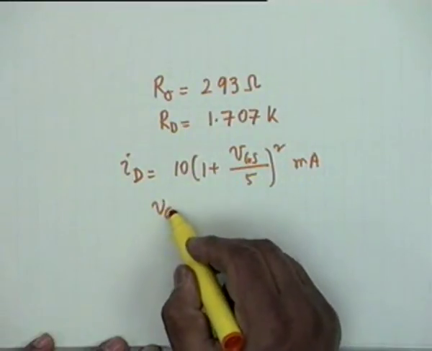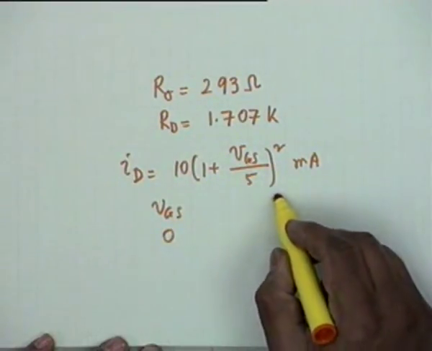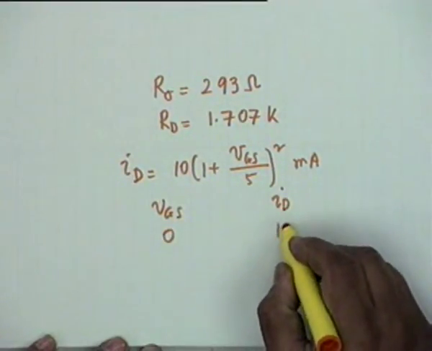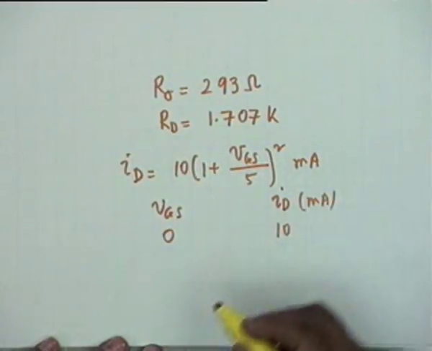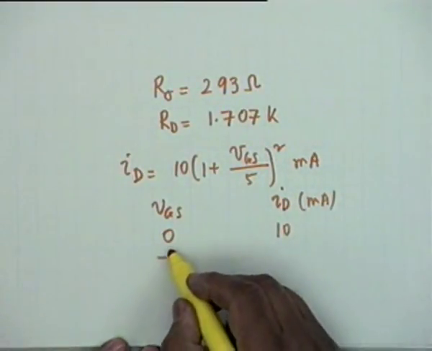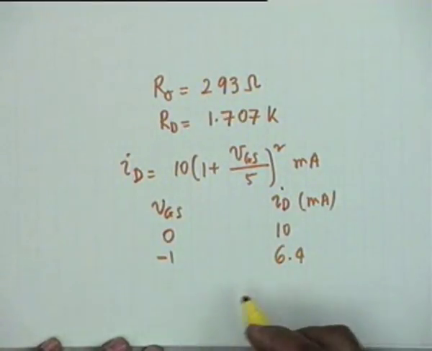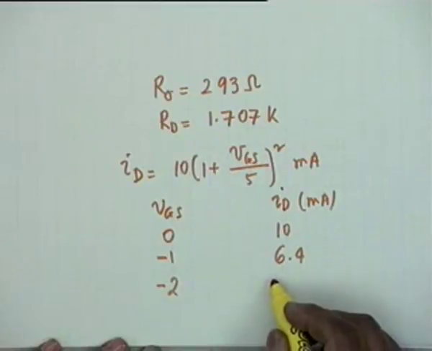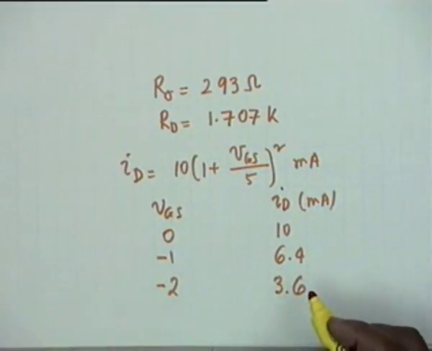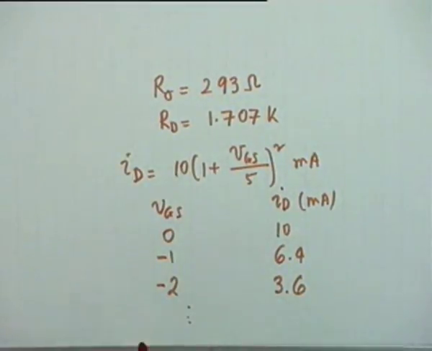Let's say VGS equal to 0, then ID is 10 milliamperes; VGS equal to minus 1, 6.4; minus 2, 3.6. We can go ahead and go up to minus 5. We don't go beyond that.